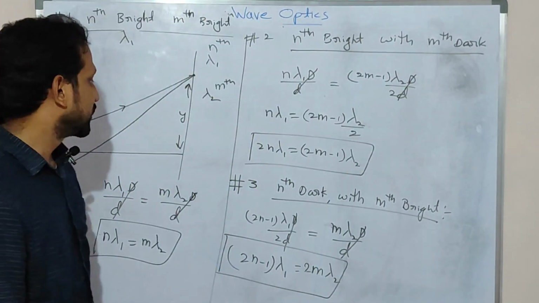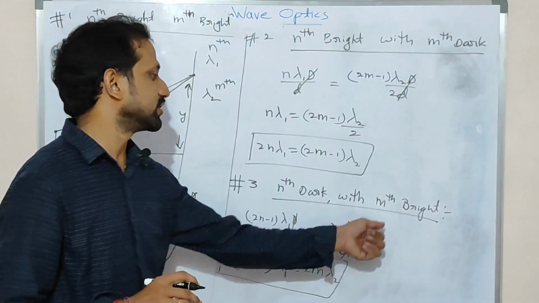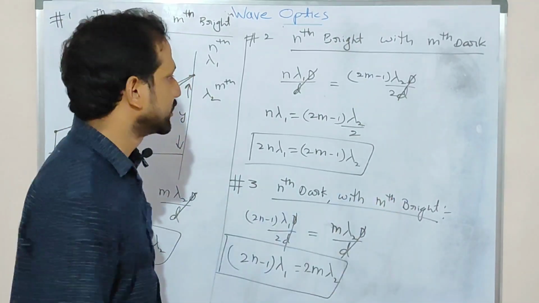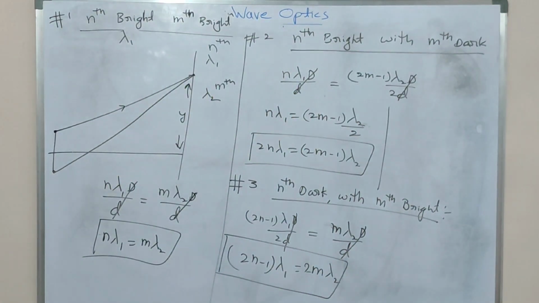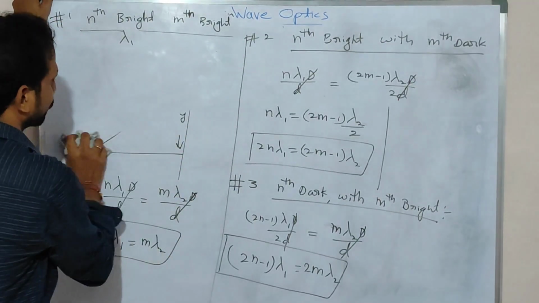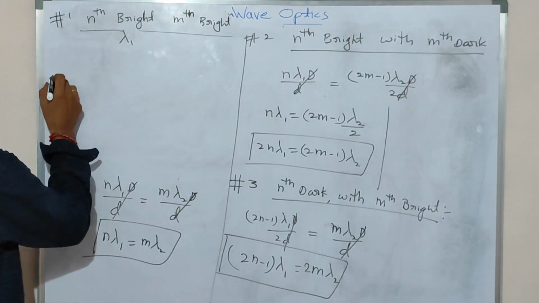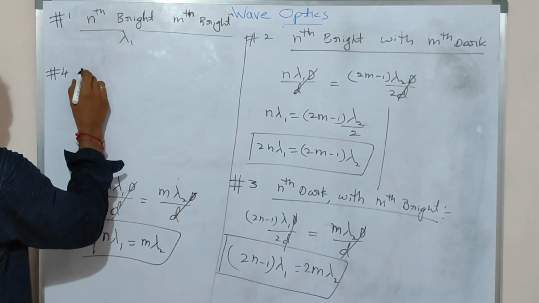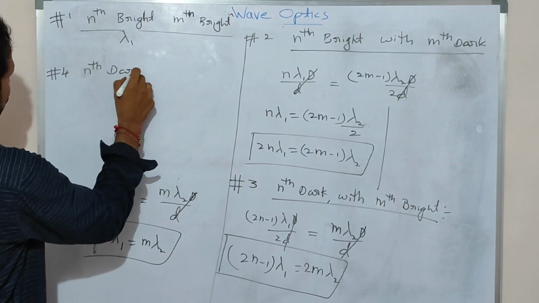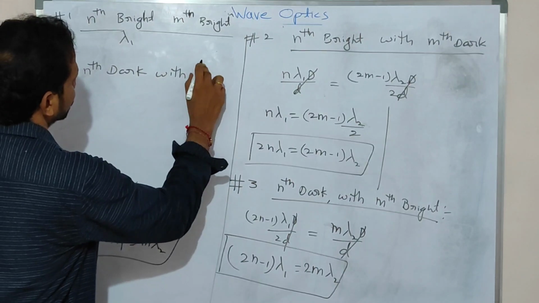Right? So now you can guess the fourth case. What is the fourth case? The nth dark fringe is coinciding with the mth dark fringe. In that case it's very simple to answer. So case 4, nth dark fringe with mth dark fringe.